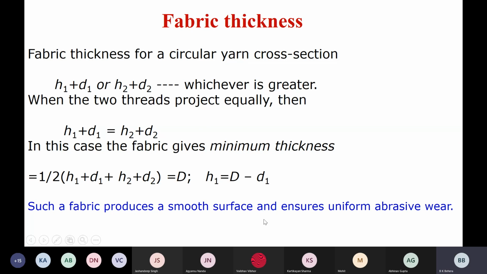So these are the two properties one can make out from these geometrical conditions: the smoothness of the surface, abrasion resistance of the fabric, and of course what I told you earlier, uniform texture, which gives an elegant look to the fabric. So this is how the thickness, surface appearance, and texture are correlated, and this is the geometrical condition for these properties. Okay.